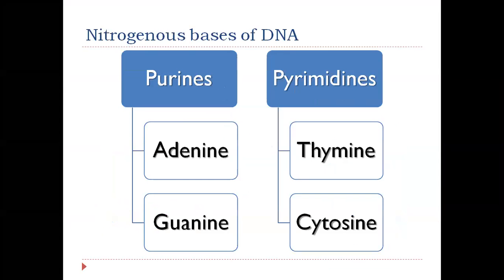Then in the nitrogenous base of DNA, we have two types of nitrogenous bases. We have purines and pyrimidines. In the group of purines, we have adenine and guanine, and the pyrimidine, we have thymine and cytosine.